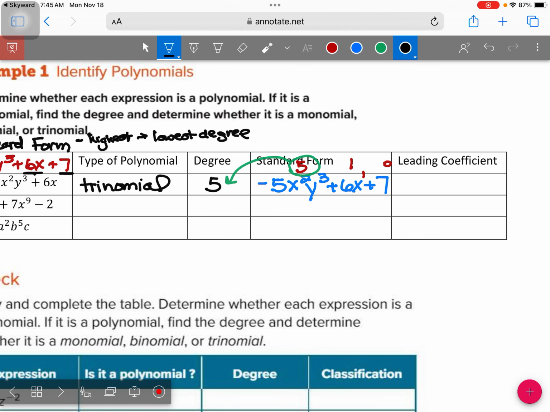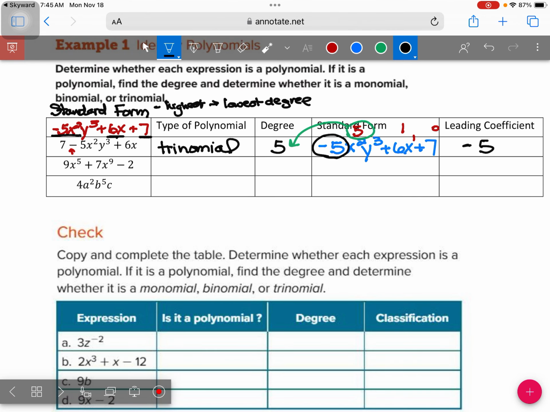The leading coefficient is the number out in front of your polynomial. So in that case, your leading coefficient is negative 5. Okay? Any questions about that? All right, let's take a look at the second one.